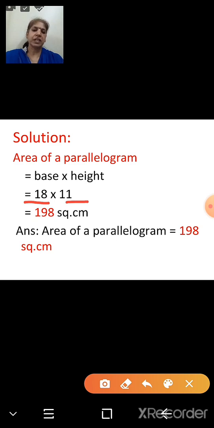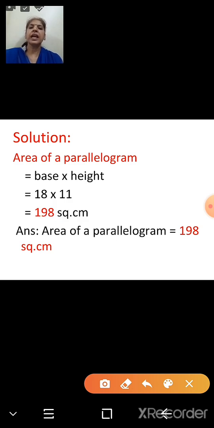So quickly multiply and get the answer. Answer is 198. And the unit of area is square, and it was given centimeter. So it is 198 square centimeter.